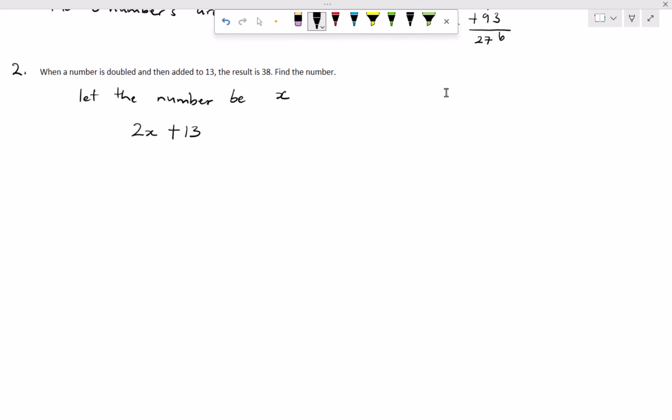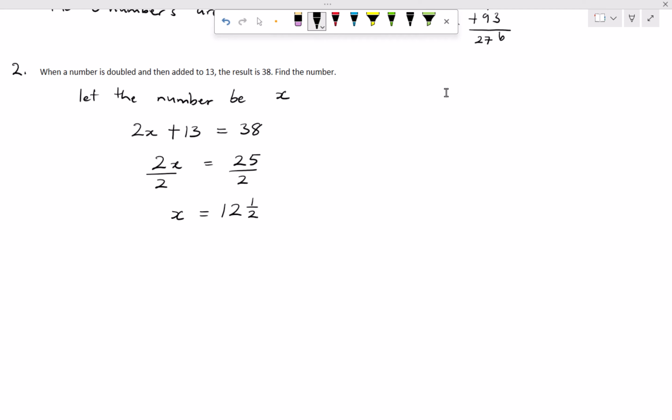The result is 38, so that is equal to 38. Now we solve for x. We have 2x is equal to 38 minus 13, which gives us 25. So we then divide both sides by 2, and we're left with x is equal to 12 and a half.